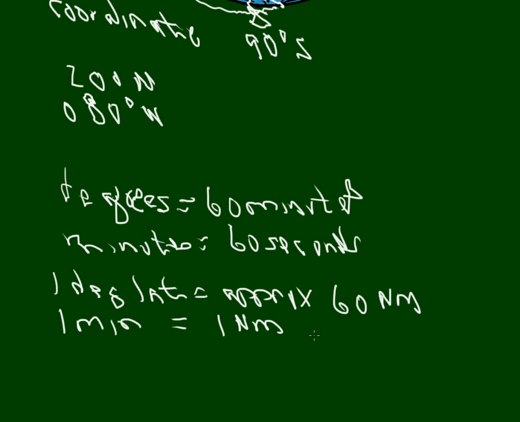And since there are 6,000 feet, more or less, in a nautical mile, if we divide that by 60, then 1 second of latitude equals about 100 feet. So a coordinate that is expressed in degrees, minutes, and seconds is accurate down to about 100 feet.